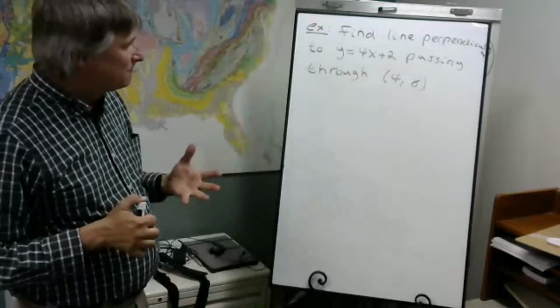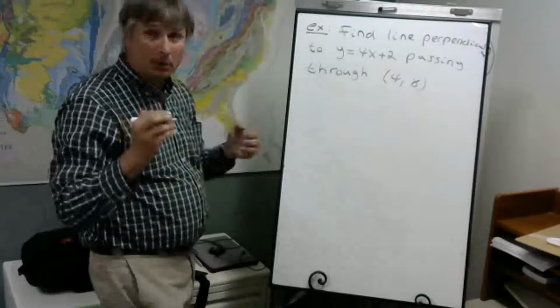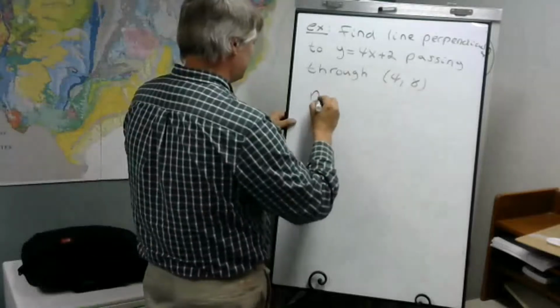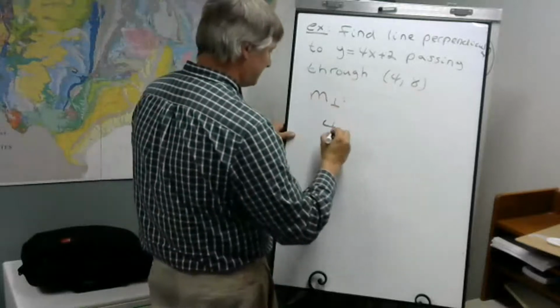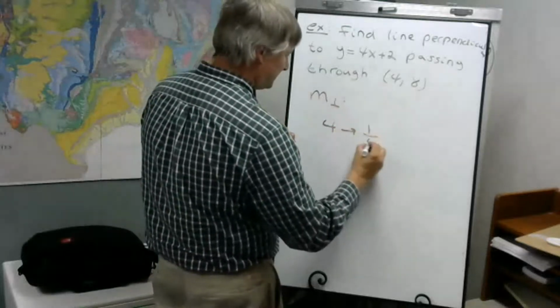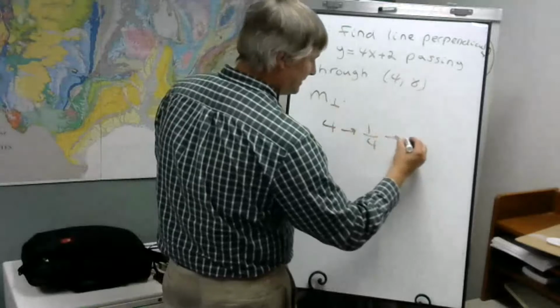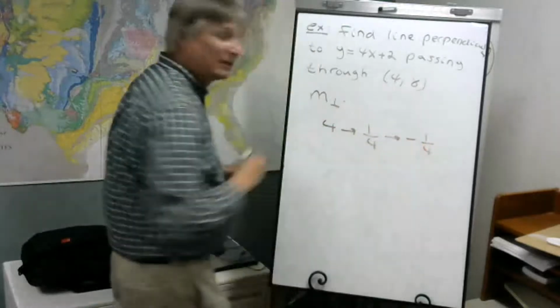Well, in this case, again, we need a perpendicular slope. So we take our original slope m, we flip it, we multiply it by -1, and get -1/4.